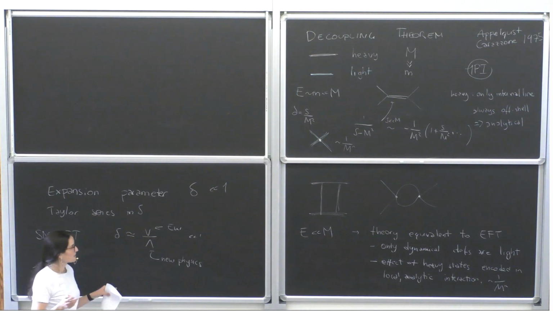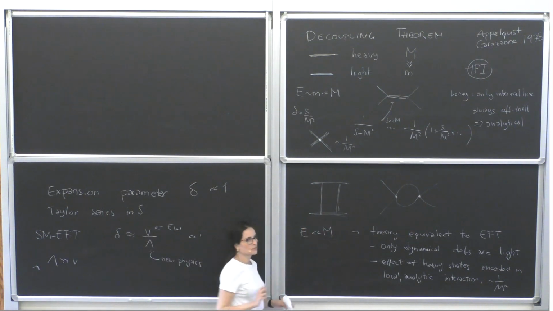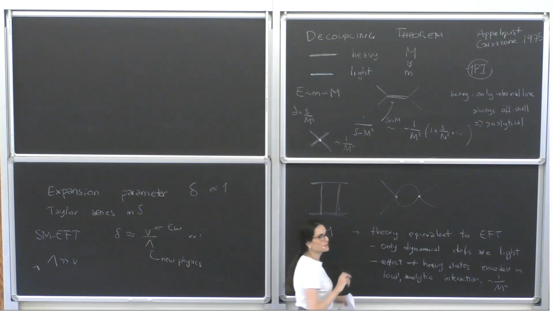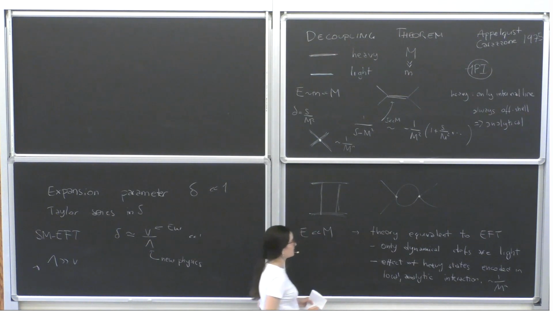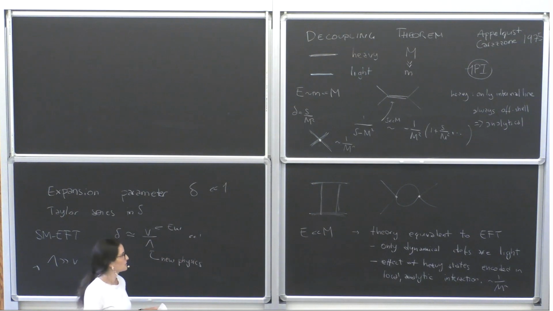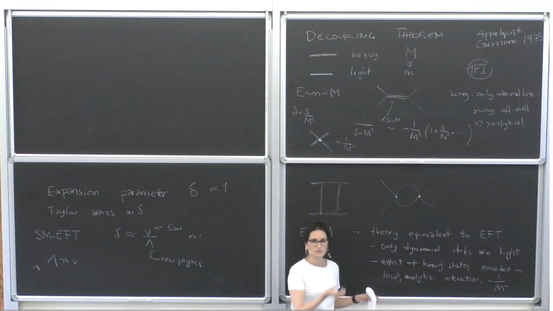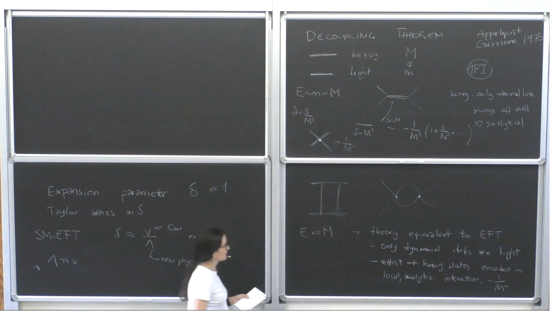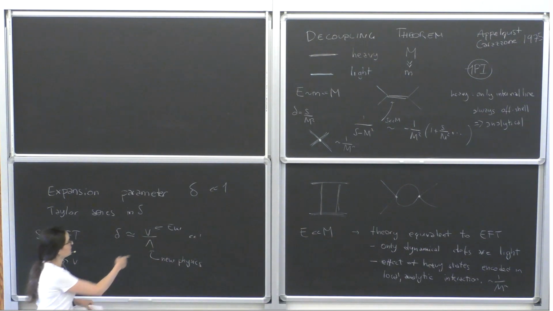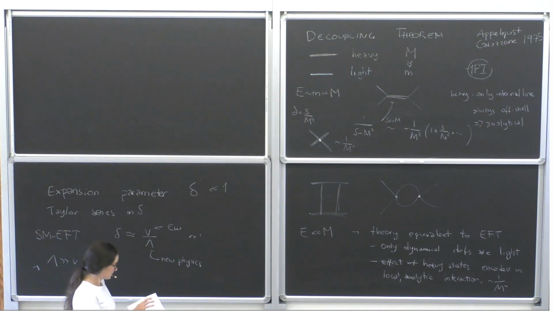What happens is that if you go to energy where you can only see the light, basically you can forget about the heavy degrees of freedom, and you can construct a theory knowing only what your light particles are, but then you have to ensure that there are these sort of interactions that can encode the impact of heavier particles, and they have to be local and analytic, so these behave like usual vertices, but they have to scale like the inverse powers of some heavy mass, which kind of goes in this direction. No? So you will have some suppression of the scale of new physics.